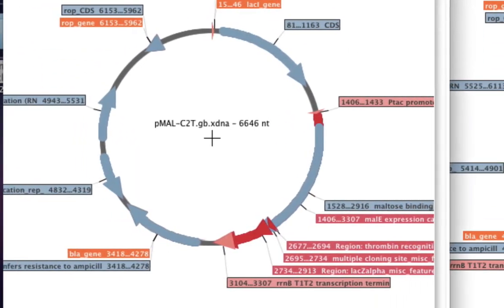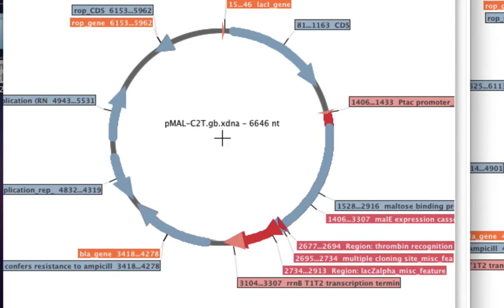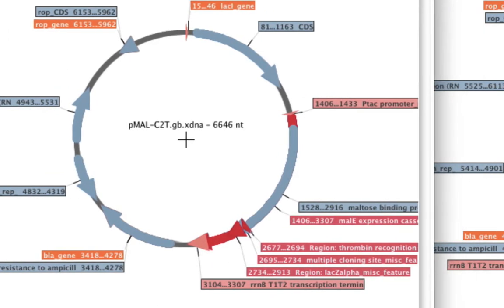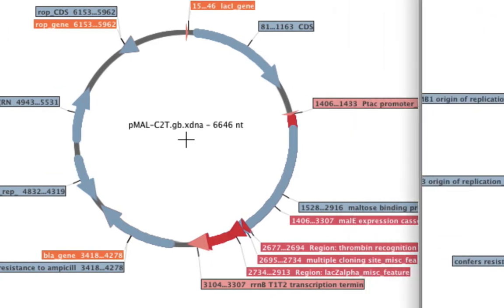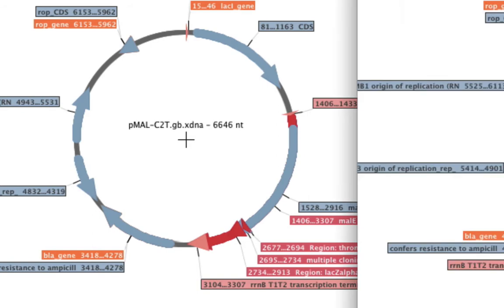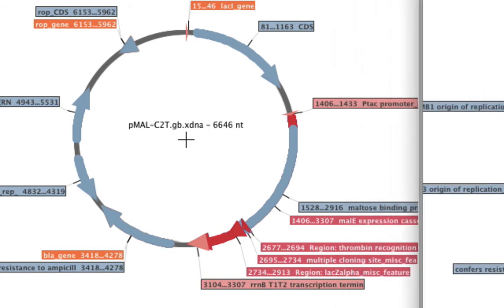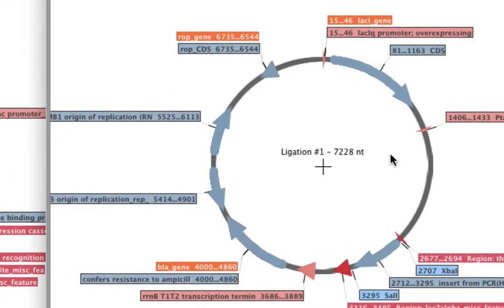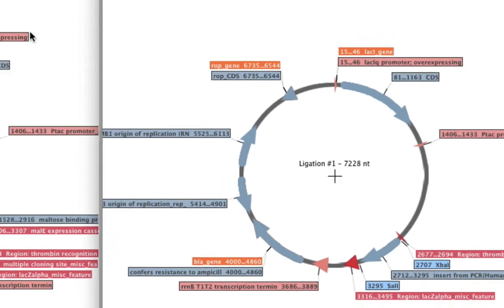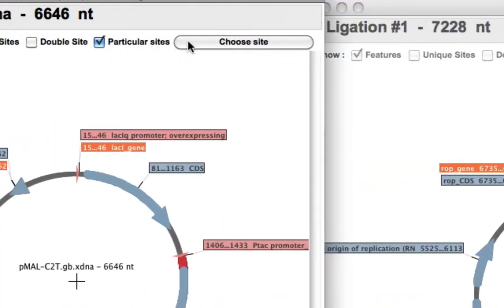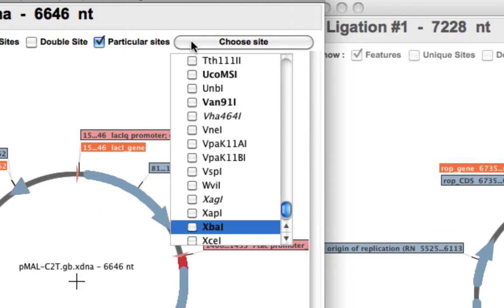So again here, the size of pMAL-c2T is 6646 nucleotides, and that of our new construct is 7228, and that is because of the insert.